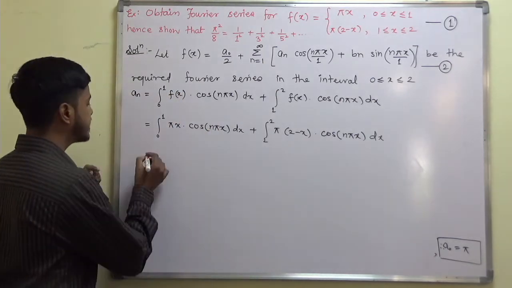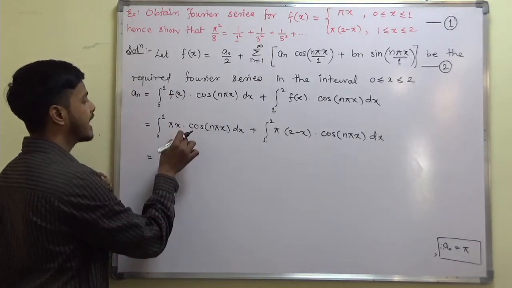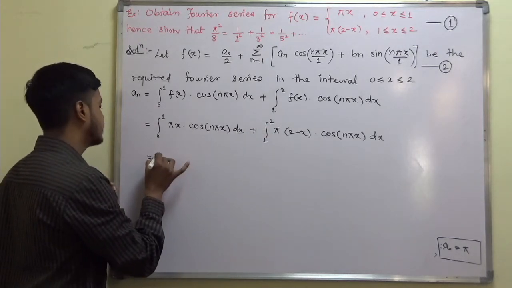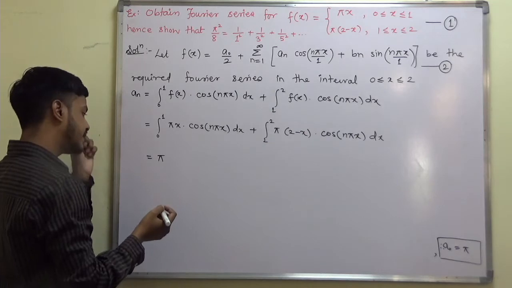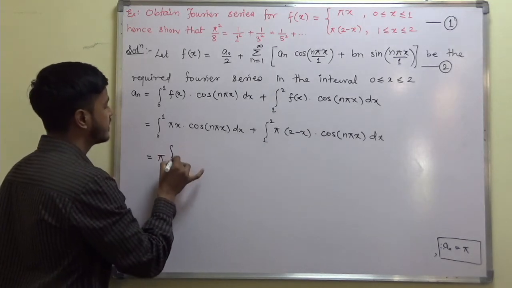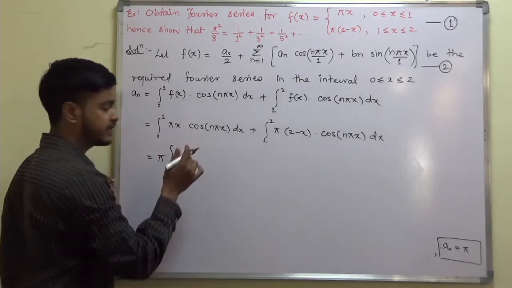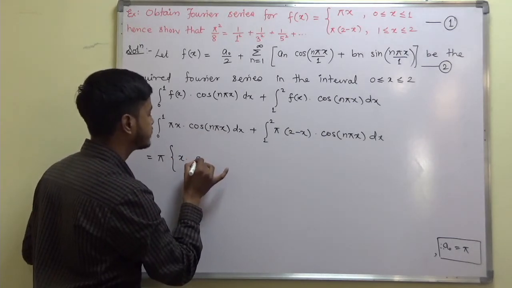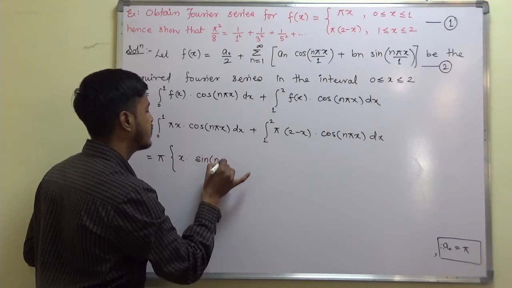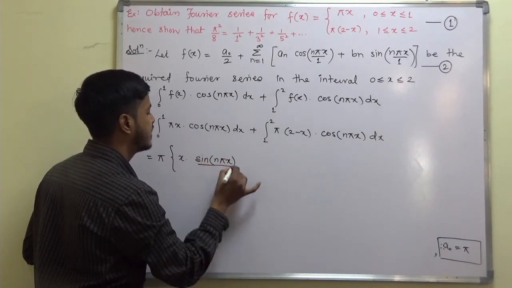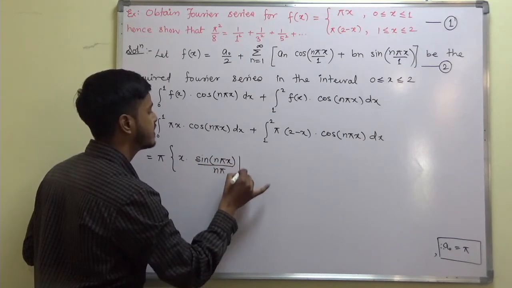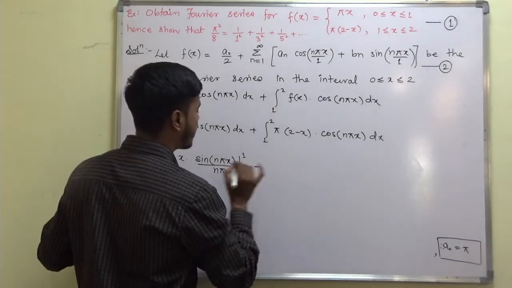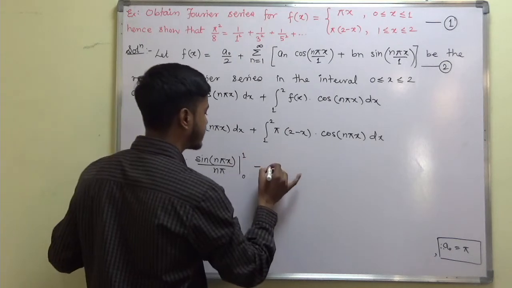So applying over this, you can take pi common throughout also, but for the time being let it be as it is, pi outside. Then integration by parts for this: first function, integration of second. What is integration of cos? Plus sine, divided by the coefficient of x, limits 0 to 1. Minus derivative of first.